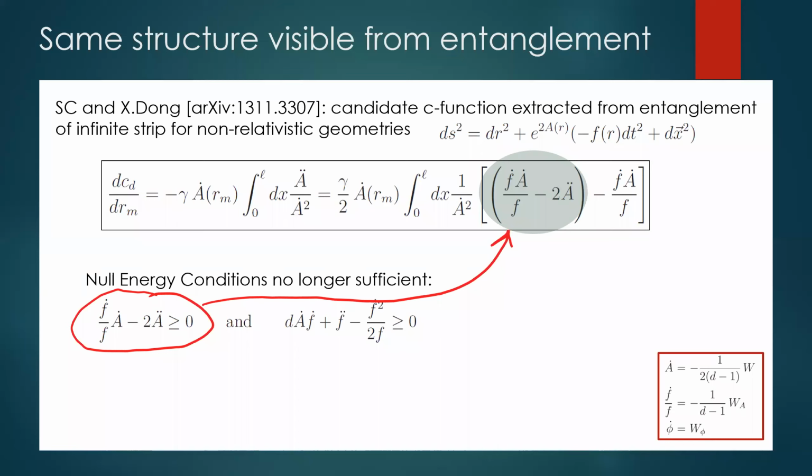But I was wondering if something like this C function theorem has been studied in JT gravity, like for two dimensions. I think some of that has been looked at, but I honestly don't know. I haven't followed that much, so I can't tell you. I know there's been work, but I can't really give you an intelligent answer. Maybe somebody else can, but I haven't followed it.